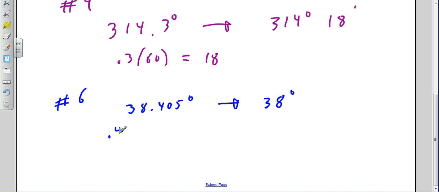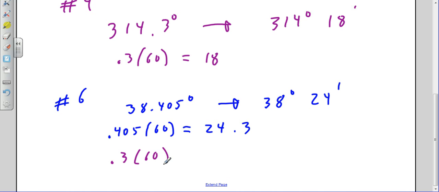We'll take the fractional portion times 60 and come up with a number, and this number is 24.3, so we call it 24 minutes. We take the fractional part of the 24.3, multiply that times 60, and we would end up with 18 seconds, just like we did last time. And that's how we do that.